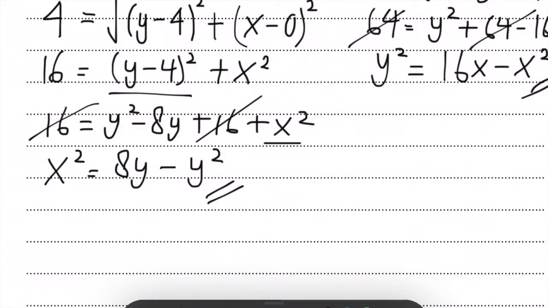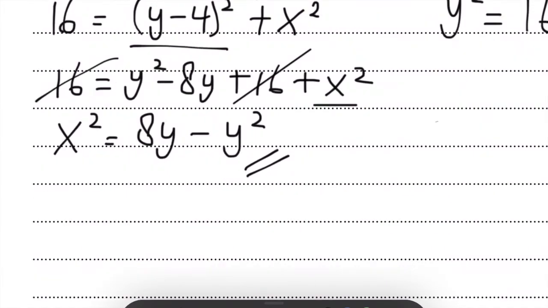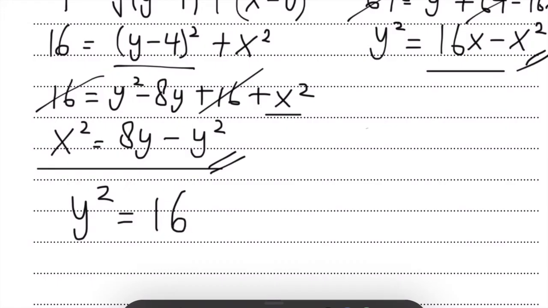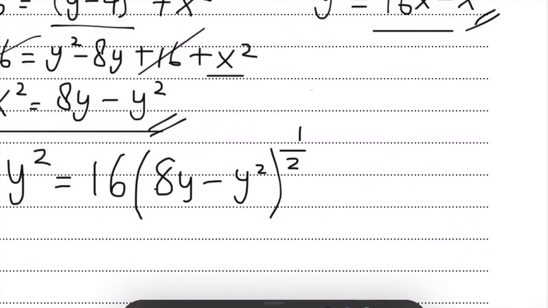Now we have two equations we can use to find the b coordinate. Now we will substitute the x here with the x equation here. So y squared is equal to 16 times the square root of 8y minus y squared, minus 8y, y squared.